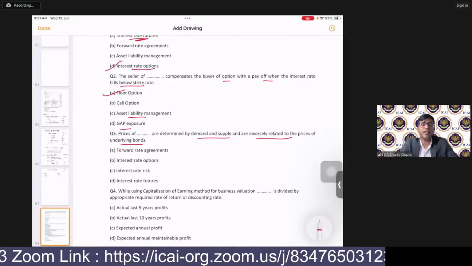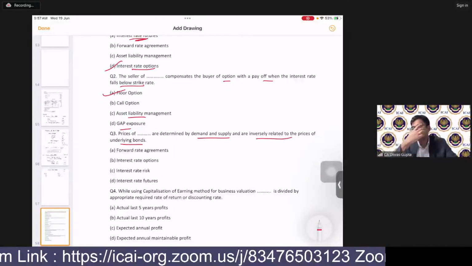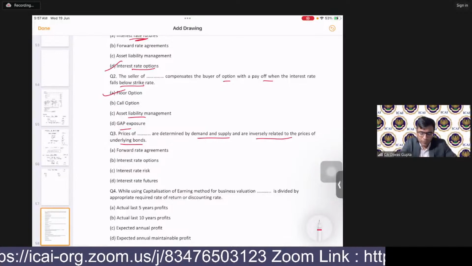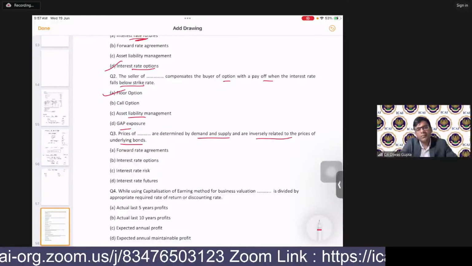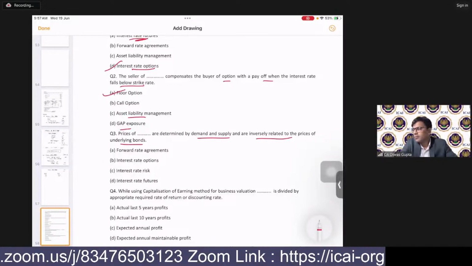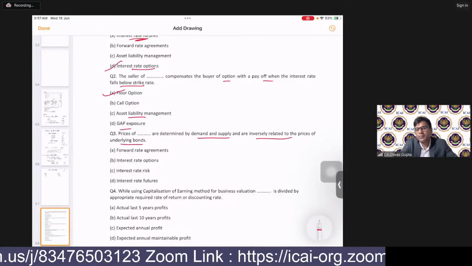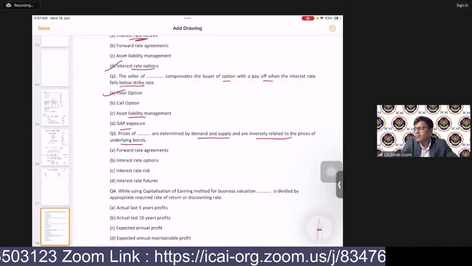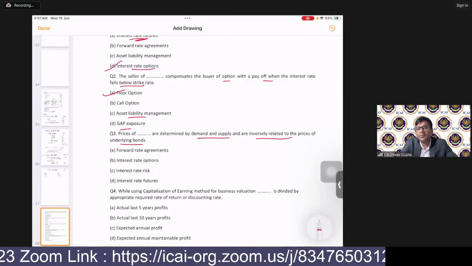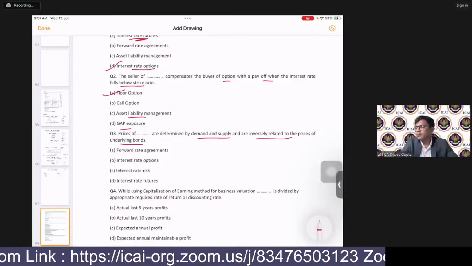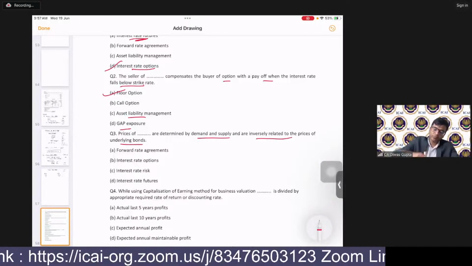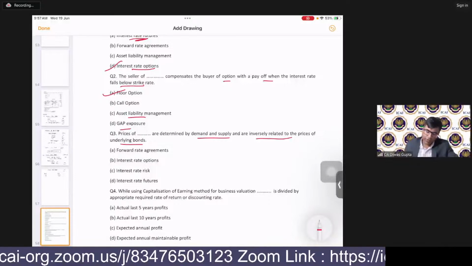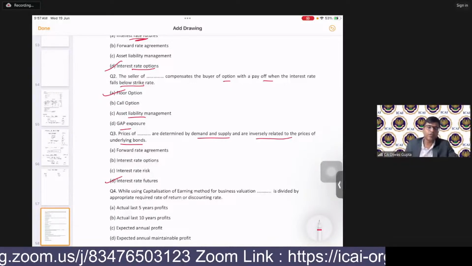And I request if anyone else is also there, please do respond. So the correct answer for the third question is interest rate futures. Very good, Abrikesh.